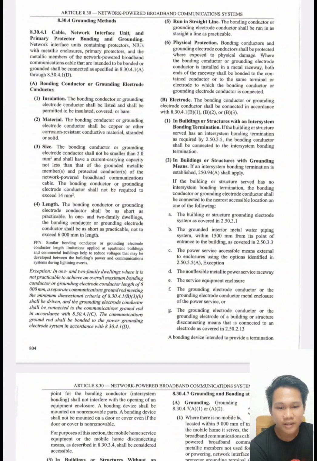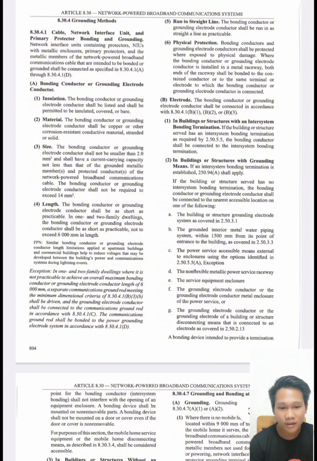E, the service equipment enclosure. Next, letter F, the grounding electrode conductor or the grounding electrode conductor metal enclosure of the power service. So next we have letter G, the grounding electrode conductor or the grounding electrode of a building or structure disconnecting means that is connected to an electrode as covered in 2.50.2.13.